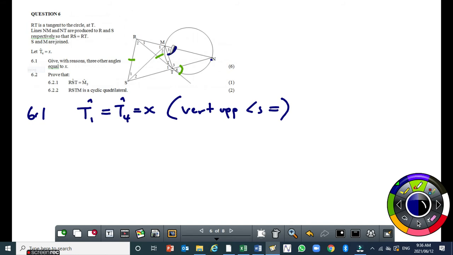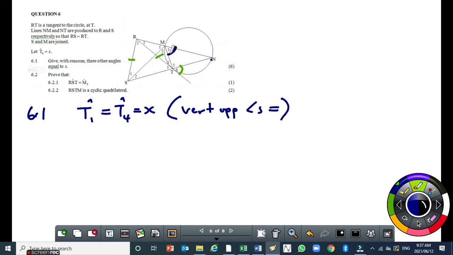So we can say angle R1 is equal to T4. R1, that's what we said. This angle here is equal to T4. Remember, angle R, that is R1 plus R2, is not inside the circle.